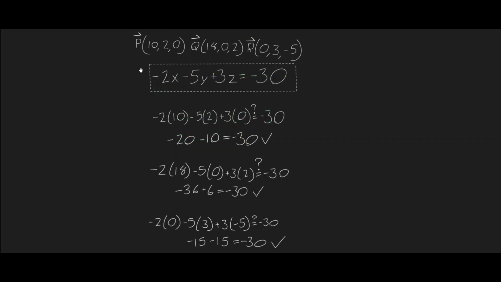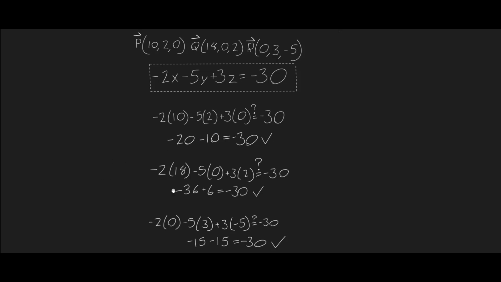Alright, so the last step to the second approach is to plug in the points into your equation. So with this equation, we can actually plug in the points and verify to see if they're on the plane. So let's go ahead and do this for all three of these points. So for P, x is 10, y is 2, and z is 0. So it's going to give us -20 minus 10, or -30.